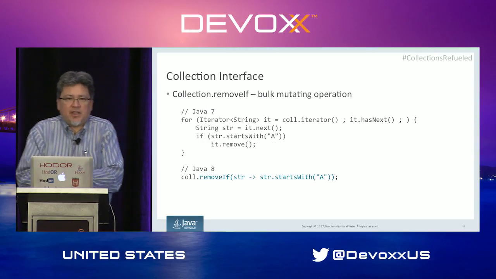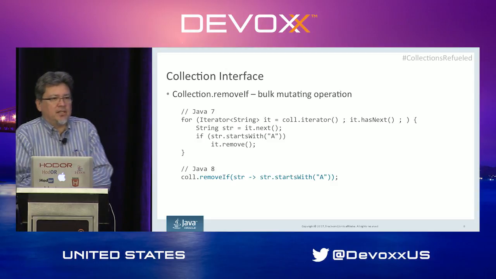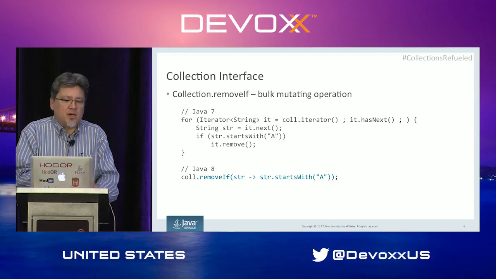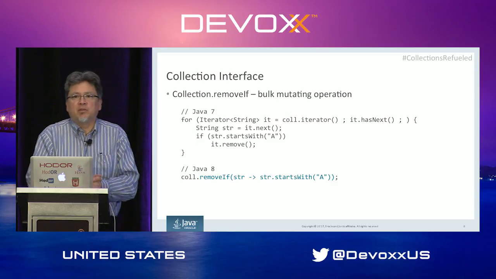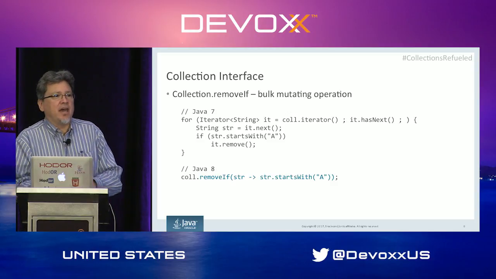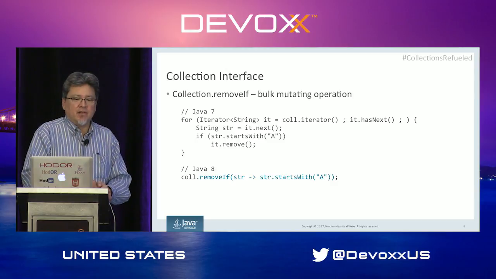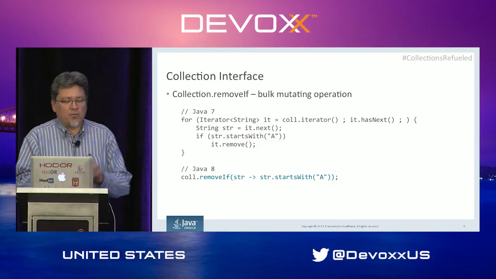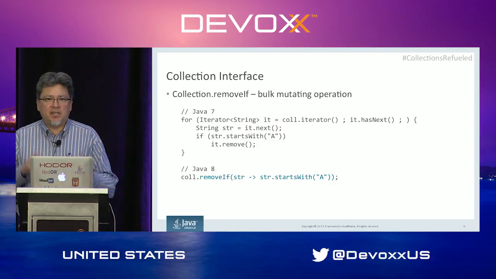All right, now things are getting a little more interesting here, because instead of just syntactic niceties, we're getting into some bulk operations. So suppose you have a case where you want to run through a list and remove elements that match some criterion. In Java 7, you had to write the for loop out the old way by using an iterator.